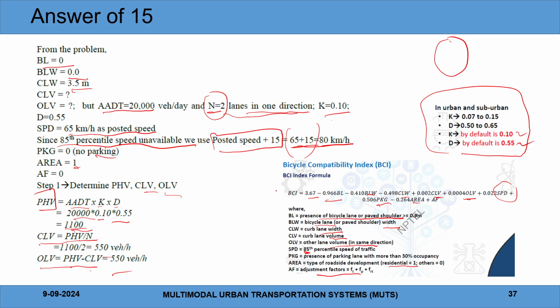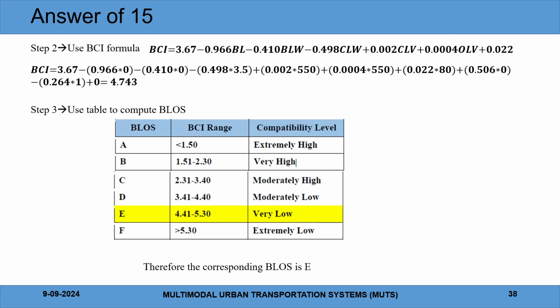Now we know every value in this equation, so we can just put these values here like 3.5, 550, 80 or 0, and it will come as 4.743.